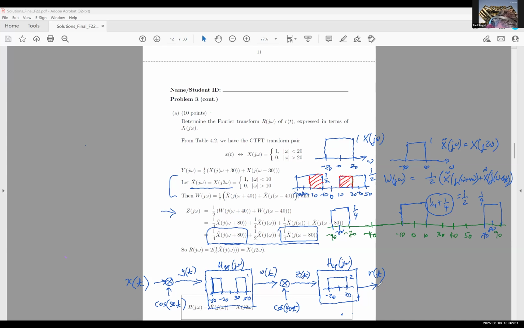And so that's the thing that goes into the low pass filter. The low pass filter is going to just pick out that copy of x tilde of j omega, which is from minus 10 to 10. The filter multiplies it by 2. So the filter is basically doing this.